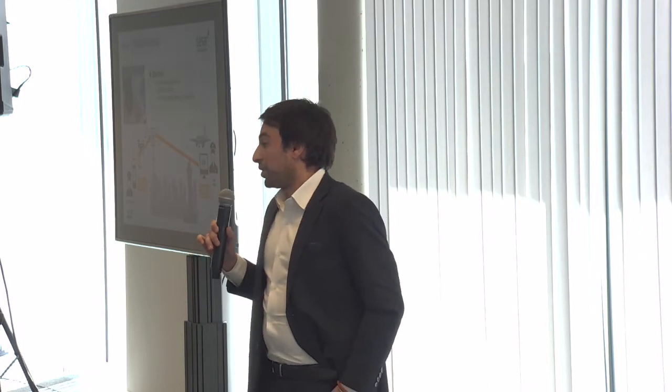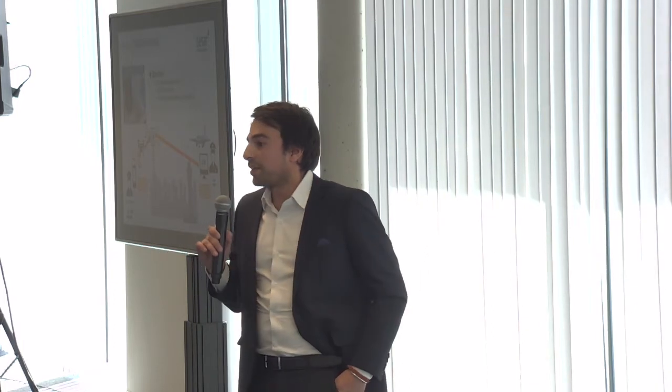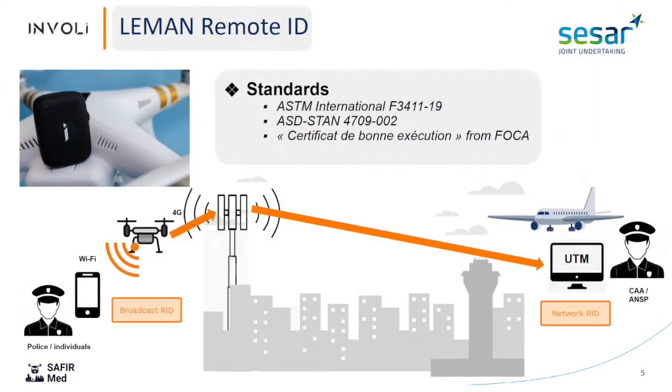Regarding the tracker, it works on 4G, as I said, so using the 4G coverage, and it covers the two main aspects that will be required by EU U-space regulation and used for the SAFIR-Med project.